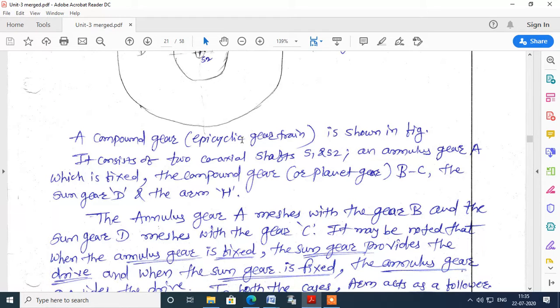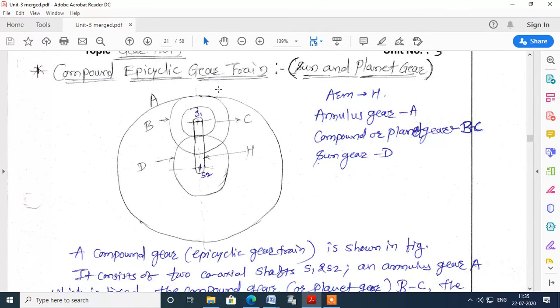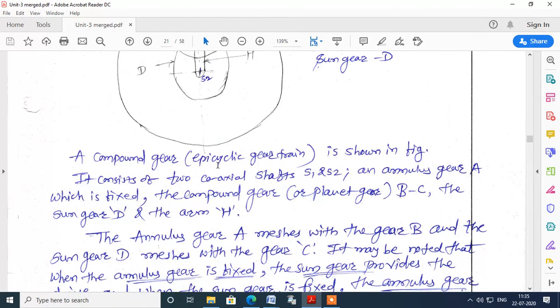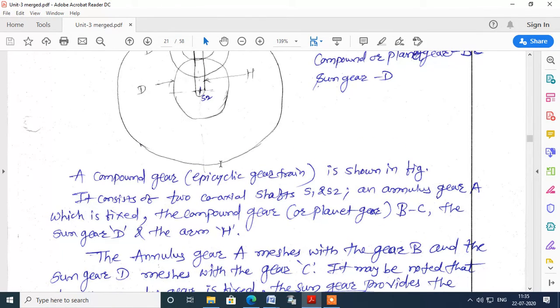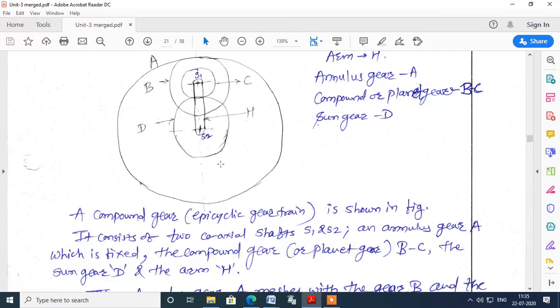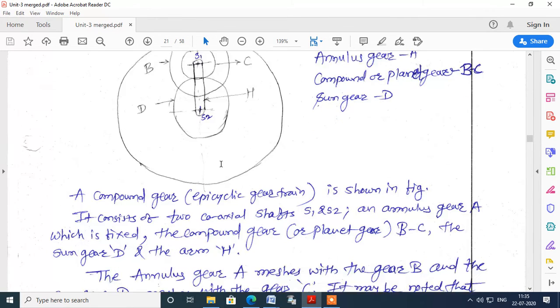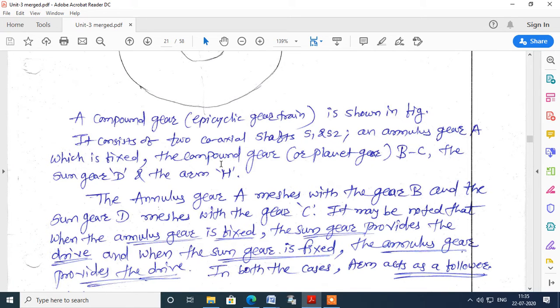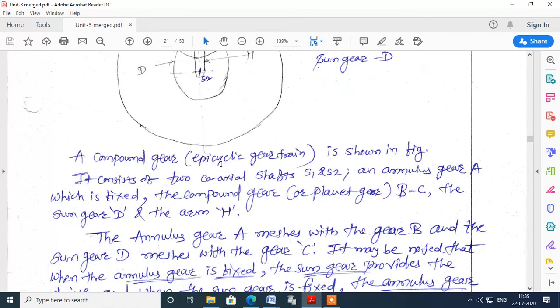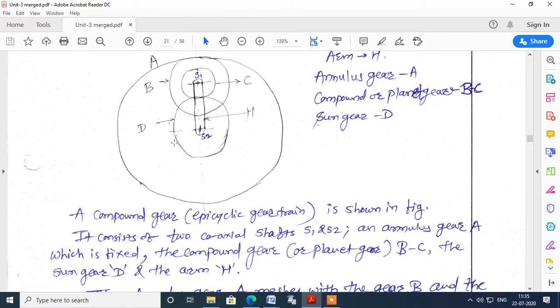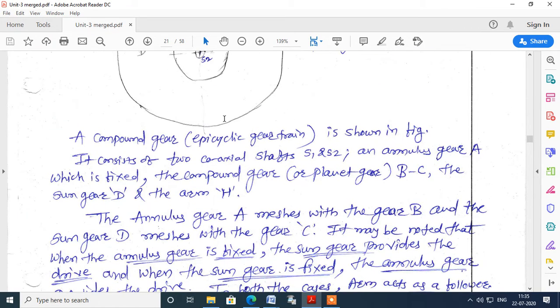Here annulus gear A meshes with gear B, and the sun gear D meshes with gear C. So here gear D is meshing with gear C.